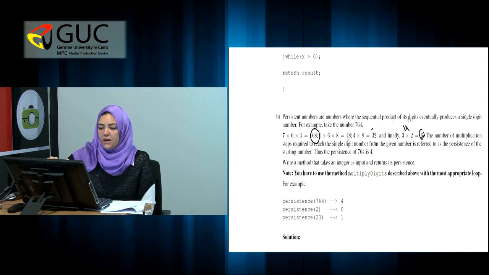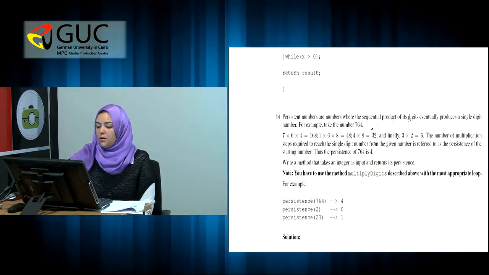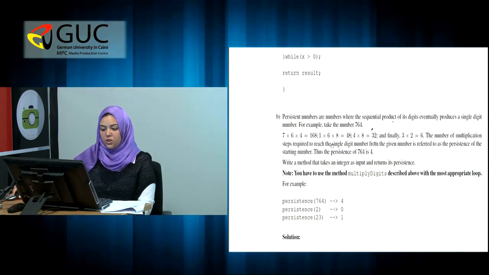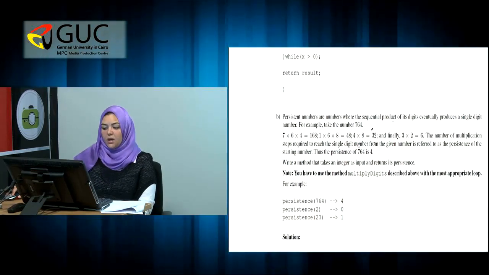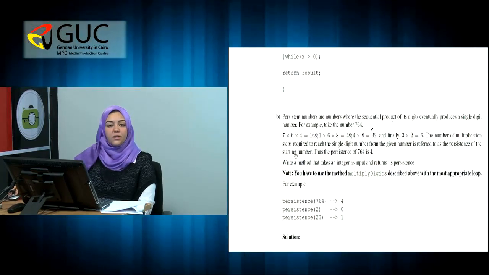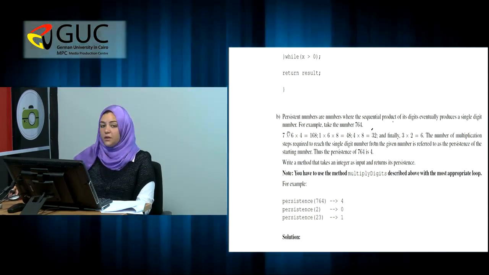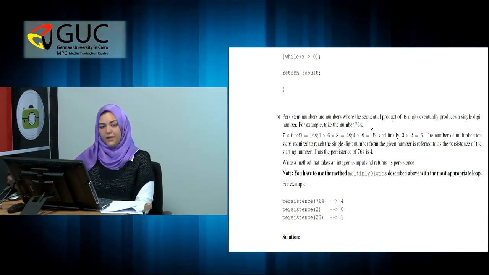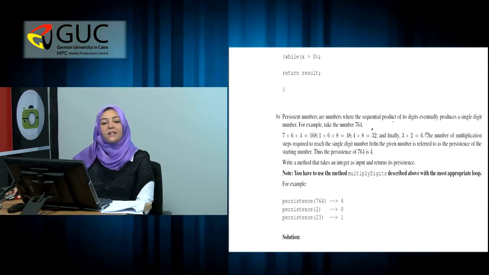So let's complete the example. We say that the number of multiplication steps required to reach the single digit, which is 6, from the given number is referred to as the persistence of the starting number. So the persistence of 764 is 4. Why is that? Because it took us 4 multiplication operations to get to the single digit, which is 6.